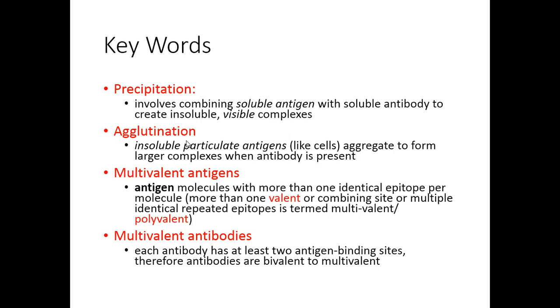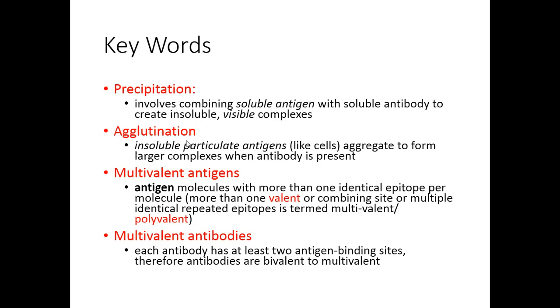There's more than one identical epitope on an antigen. And again, valency is just the combining site. So one valent is one combining site. Multivalent means multiple binding sites. And that's going to be important because that's how some of these reactions become visible in the laboratories, by having antibody be able to bind to multiple sites across antigens.